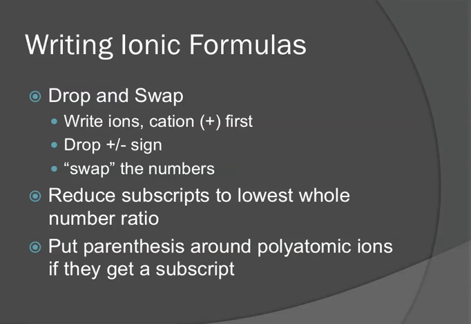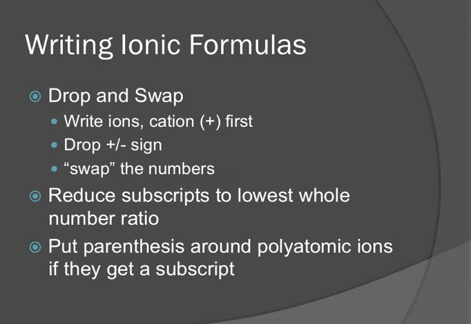When you're done, you have to remember to reduce the subscripts to the lowest whole number ratio. So if you have 2 and 4, divide them both by 2 to get 1 and 2. And you have to put parentheses around polyatomic ions if they get a subscript, because you have to protect that polyatomic ion. Remember, you're saying you have 2 of the whole polyatomic ion, not just 2 of the last element in it.